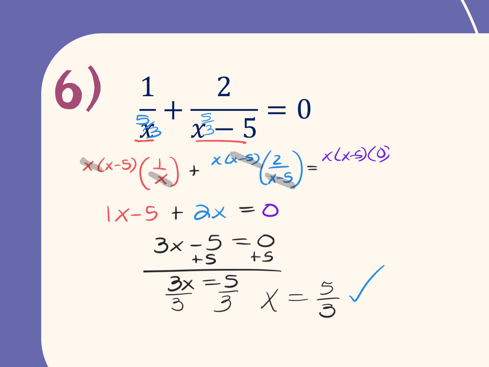So the first denominator here, this x, set it not equal to 0. So if you got x equals 0, the answer would be extraneous. And for this one, x minus 5 not equal to 0. So the two numbers that would make the denominator a 0 would have been 0 and 5. And I didn't get that. I got 5/3, so my answer is good. Let's try number 7.